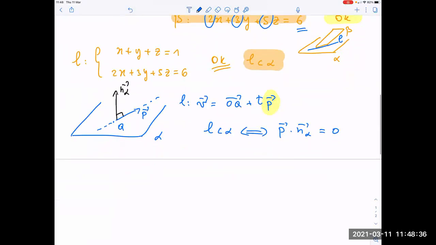Now, well, let's remember what is n alpha. It is i plus j plus k, right? So can you produce a vector P which is orthogonal to n alpha? Can you give me one? Of course, there are many, right? But can you give me one of these vectors?